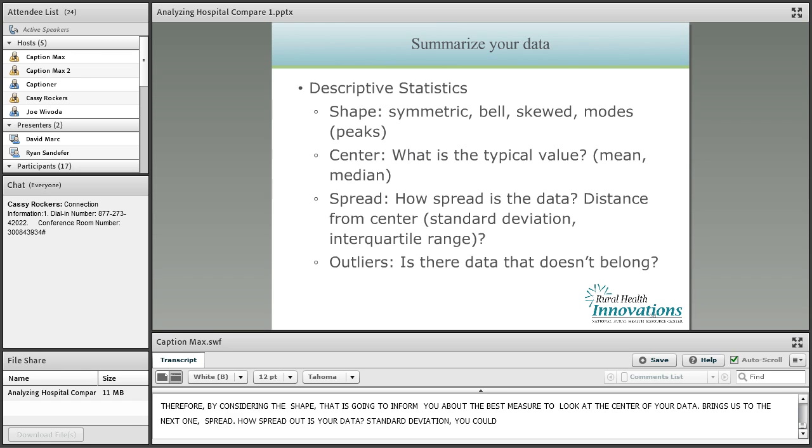Oftentimes, it's abbreviated just as NA. Sometimes in the data that's reported back to you, for instance, if you look at some of the hospital compare data, oftentimes for these rural hospitals, you see that it's reported as cases too small, where there's just not enough data to report for that organization.